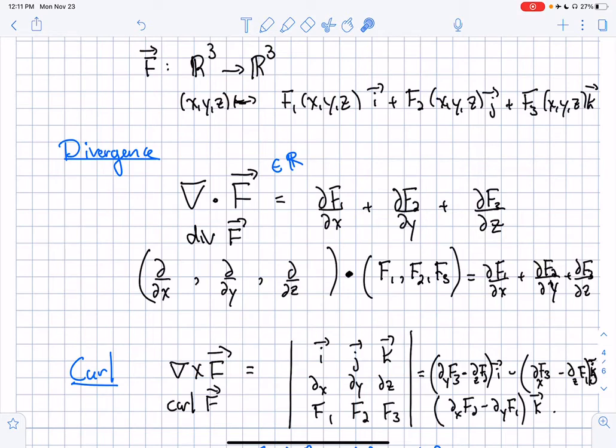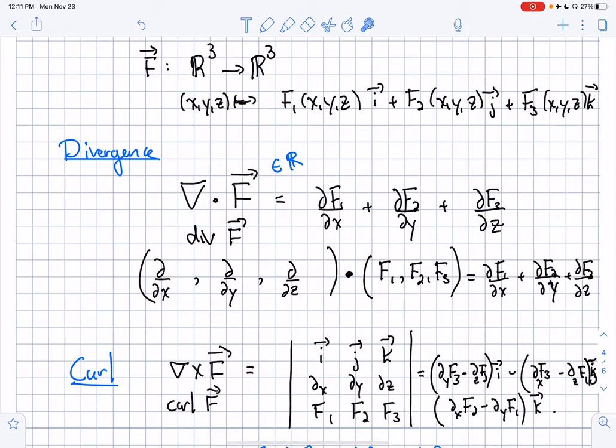I just take the x derivative of f1, y derivative of f2, and the z derivative of f3. I just add them up. Why is this notation good? Well, the gradient, I can think of it as just a vector del x, del y, and del z in each coordinate. Okay? And then if I apply this to a little function f, when we compute the gradient, I get the partial derivative in x, the partial derivative in y, and the partial derivative in z.